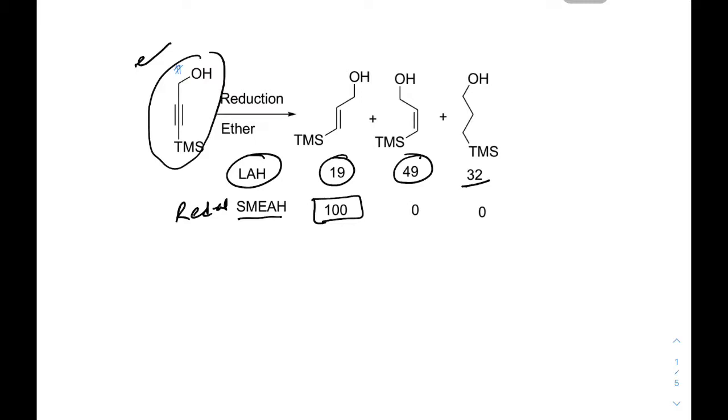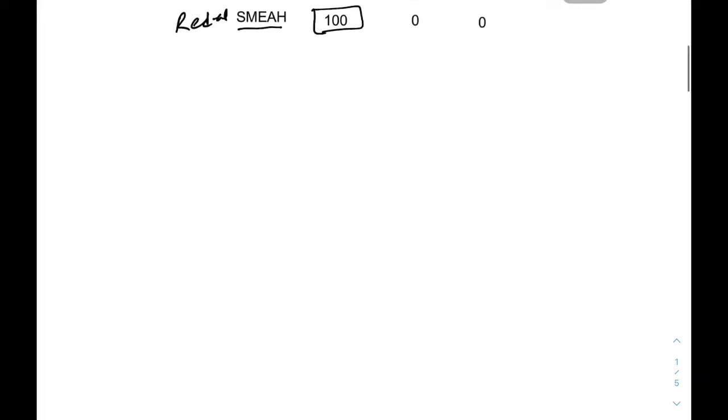First of all, if we draw the structure of lithium aluminium hydride, it is like this. Take a look at the mechanism of reduction with lithium aluminium hydride, which looks like this. First of all, an acid base reaction takes place.